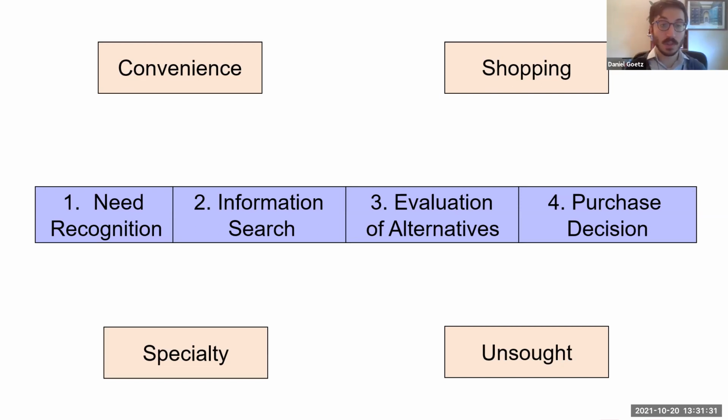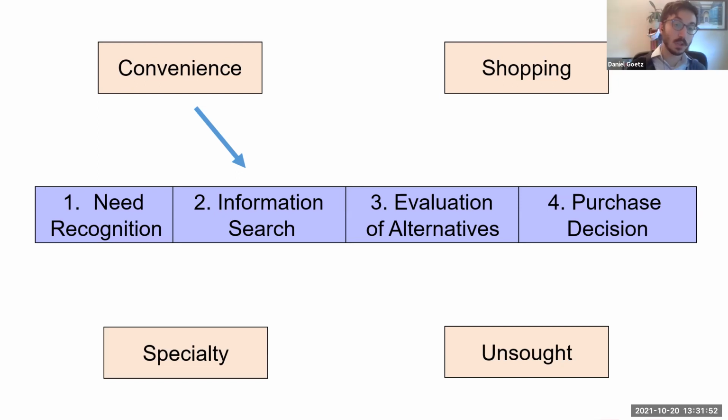For instance, if you're a convenience good, then you're typically going to want to target at the information search level. Now, this is not a hard and fast rule. For each of these 4 types of consumer product, I'll point to a stage in this process, but it's not exclusive.